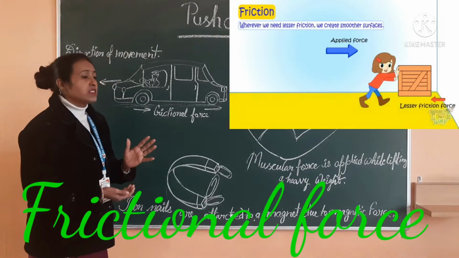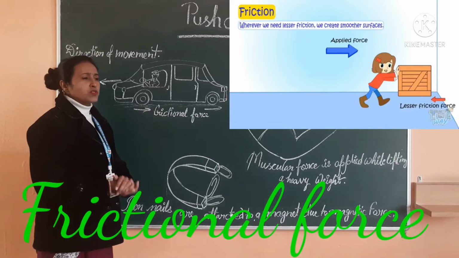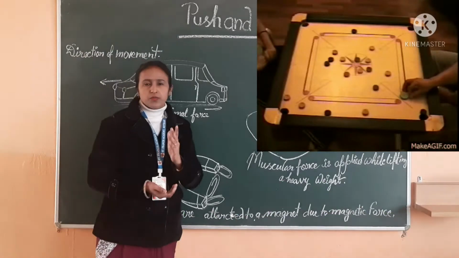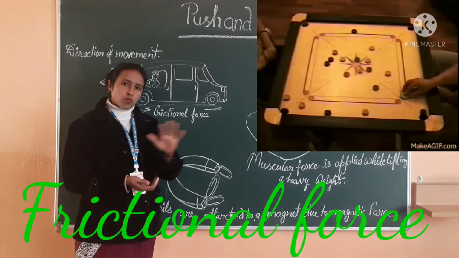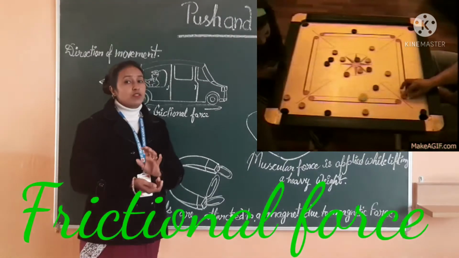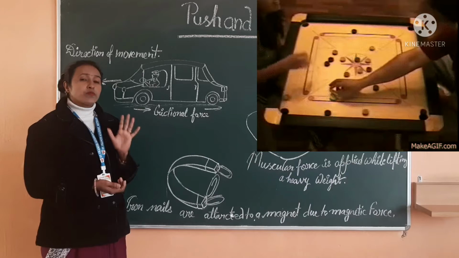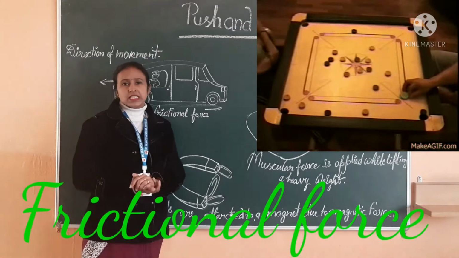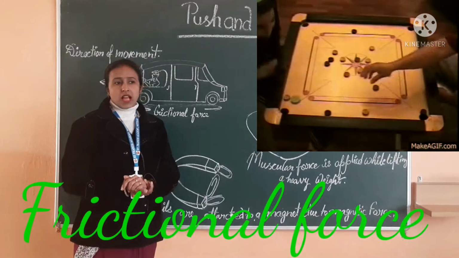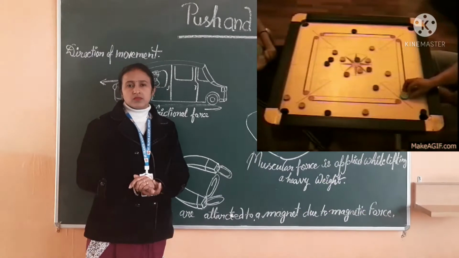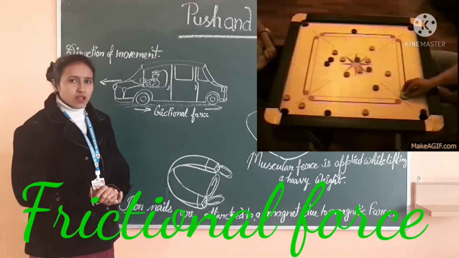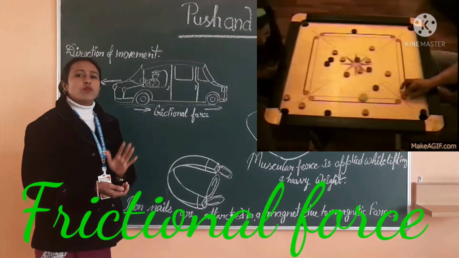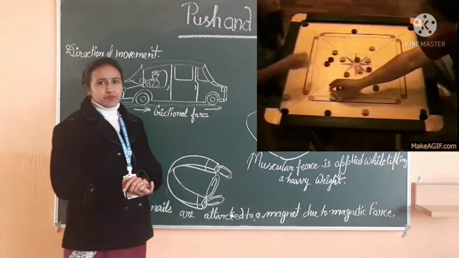When you play carrom, why do you apply powder on the board? Then your striker moves very smoothly. Actually, that powder reduces the frictional force, so that your striker moves smoothly.